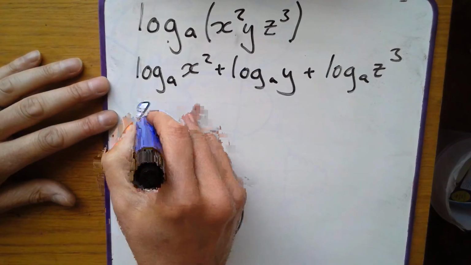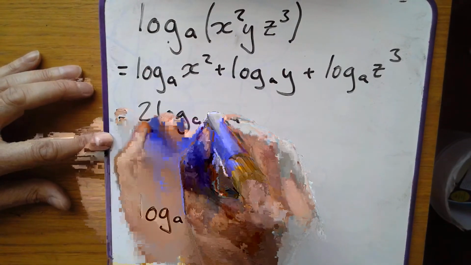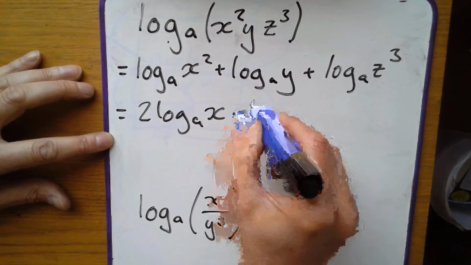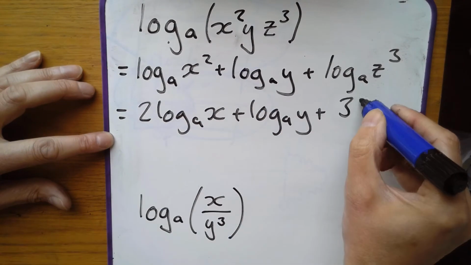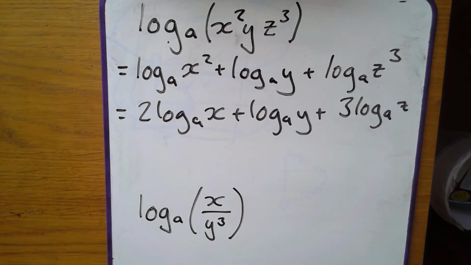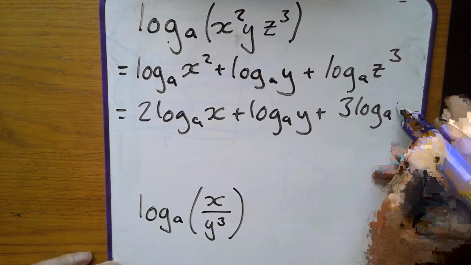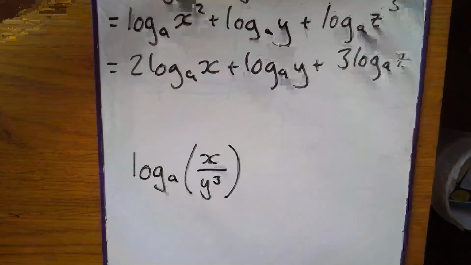So I've got 2 log base a of x plus log base a of y plus 3 log base a of z, not written out very clearly, and that is the answer to that.